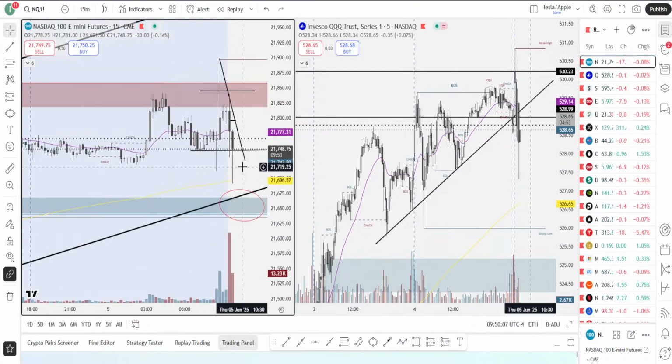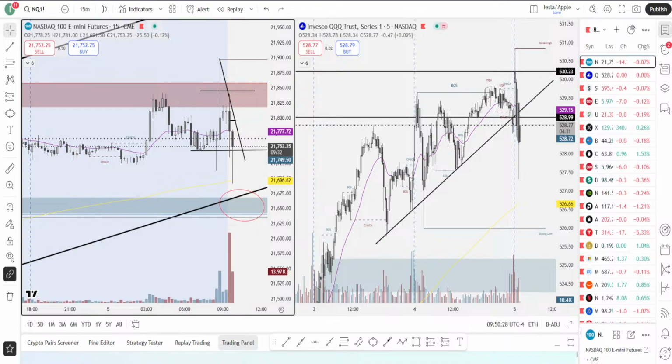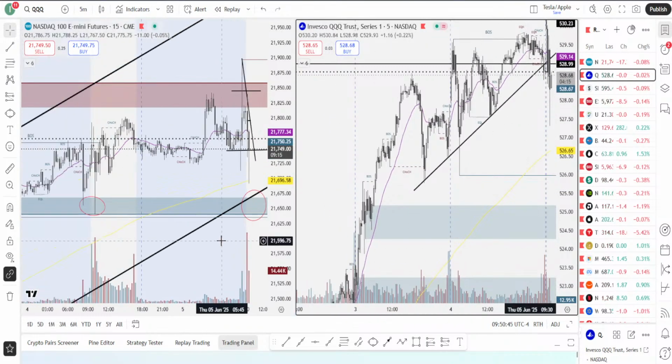Not liking this push higher here. Let's see what we get.